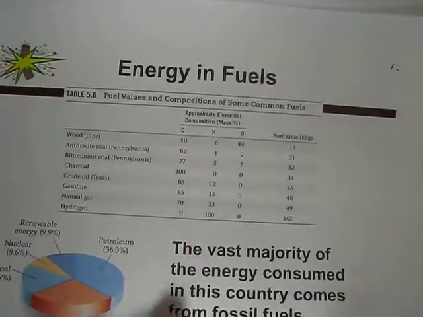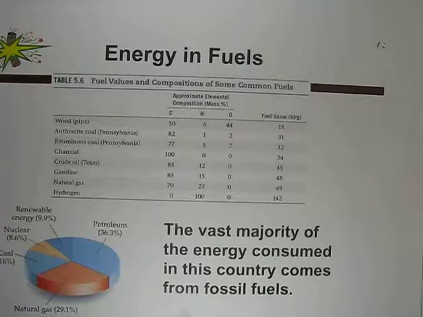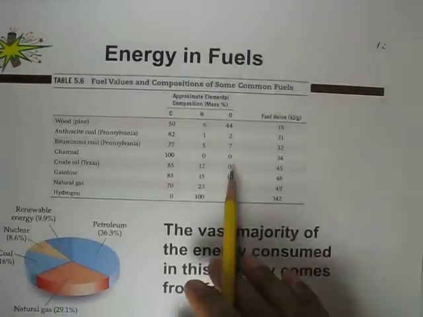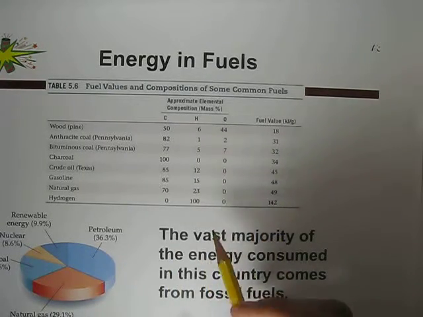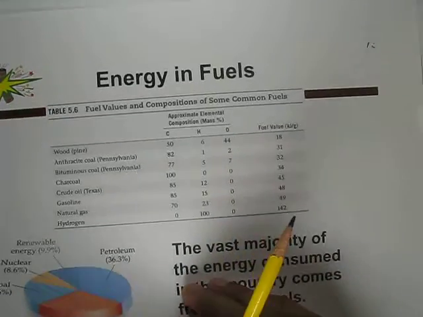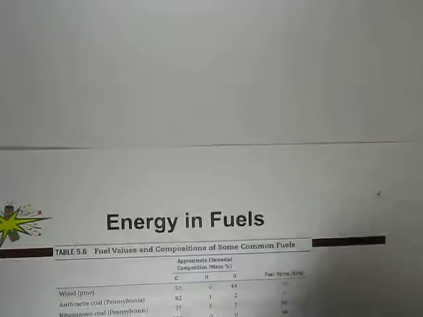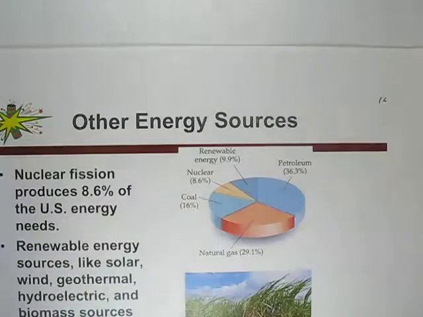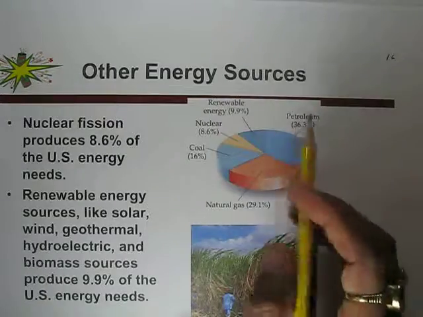So this is the energy in the fuel. That is why most companies are producing hydrogen, so that they can burn the hydrogen gas to produce energy from the fuel. And the last slide in this chapter is about other energy resources.